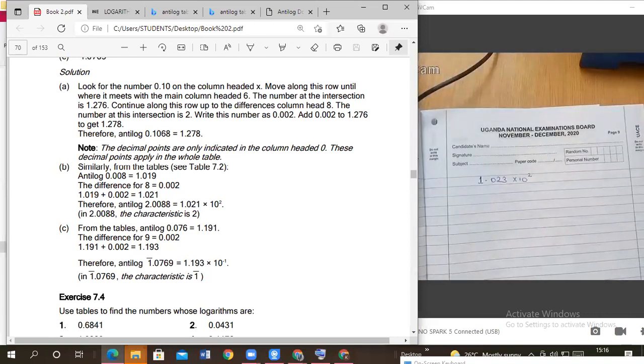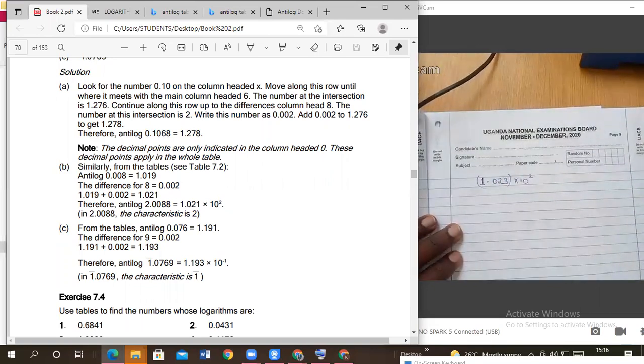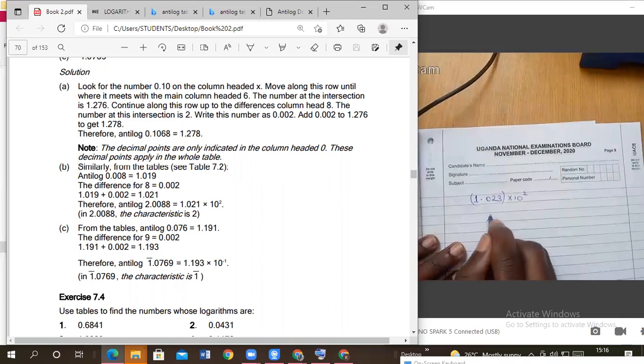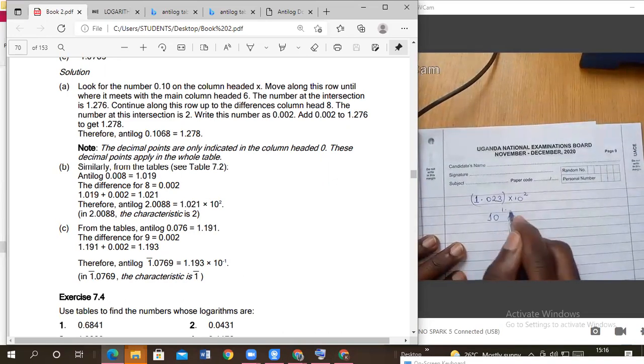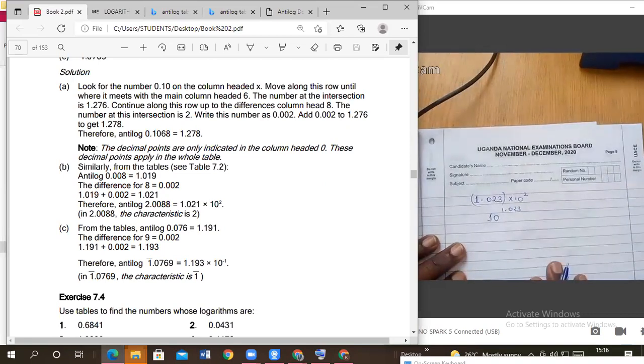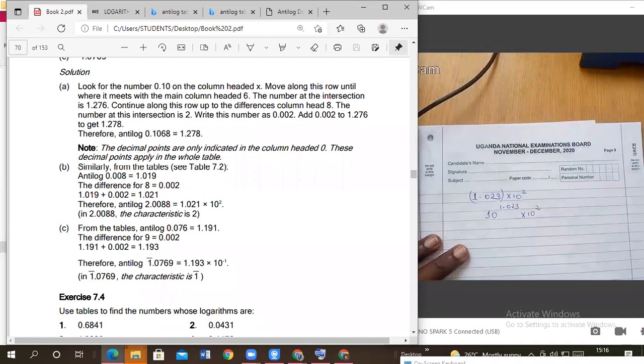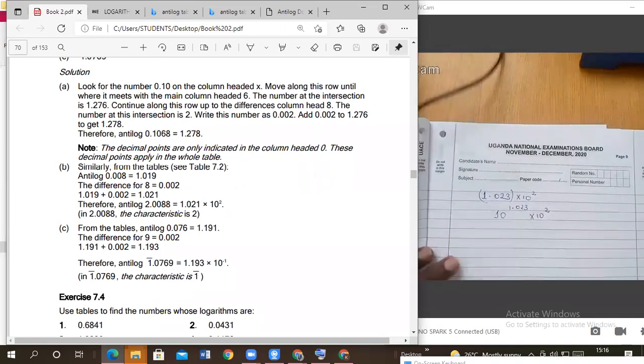But this number here we have got is the log, which means it must be expressed to the power of 10. So it's going to be 10 to the power 1.023, times 10 to the power 2.